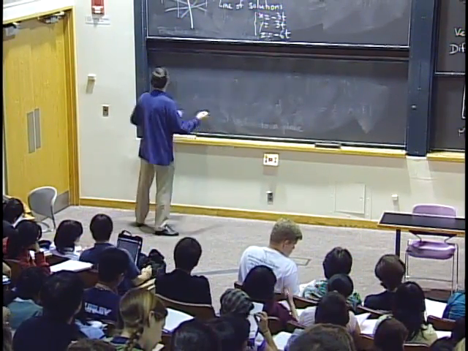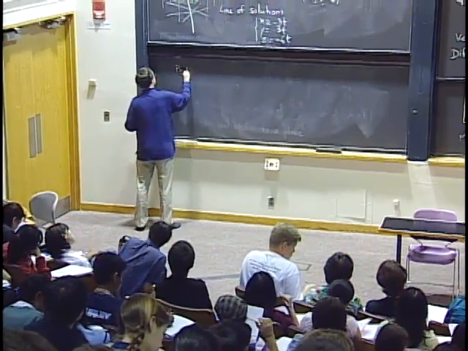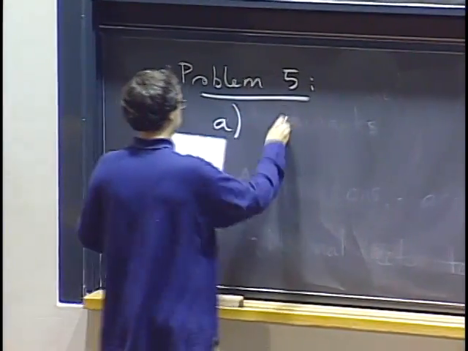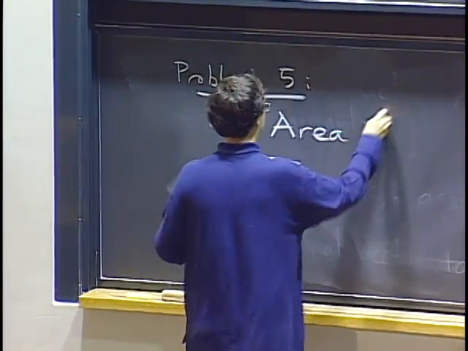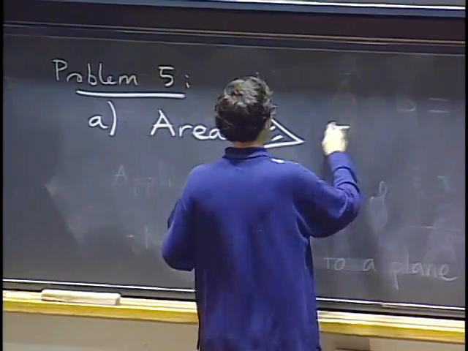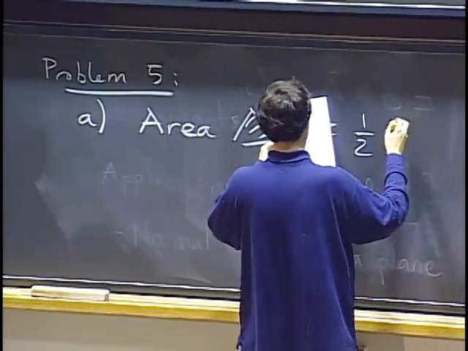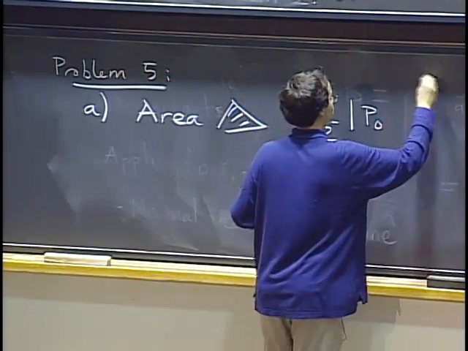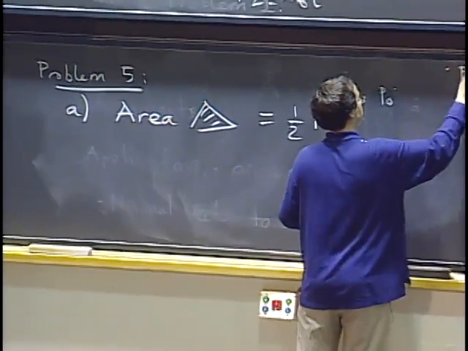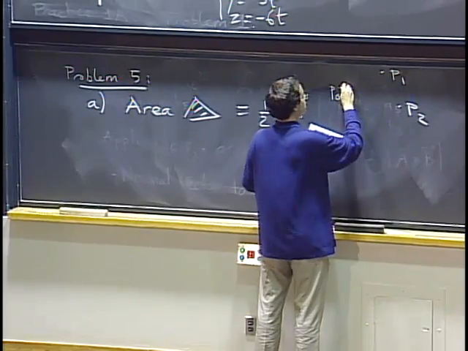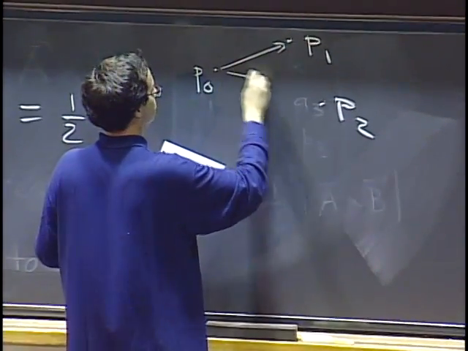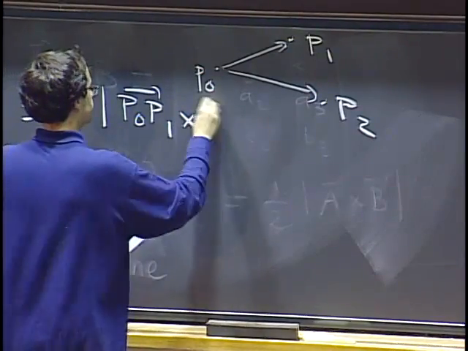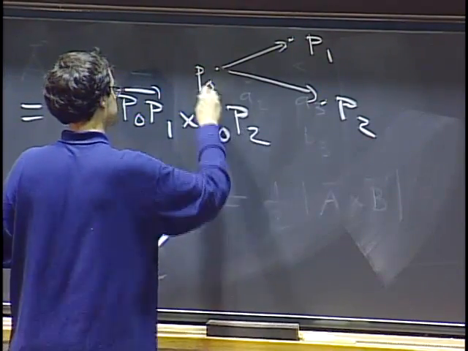Okay, let me repeat problem 5. So first part, we have to find the area of a triangle. And the way to do that is to just do 1/2 of the length of a cross product between, so if we have 3 points, P0, P1, P2, then maybe we can form vectors P0P1 and P0P2.